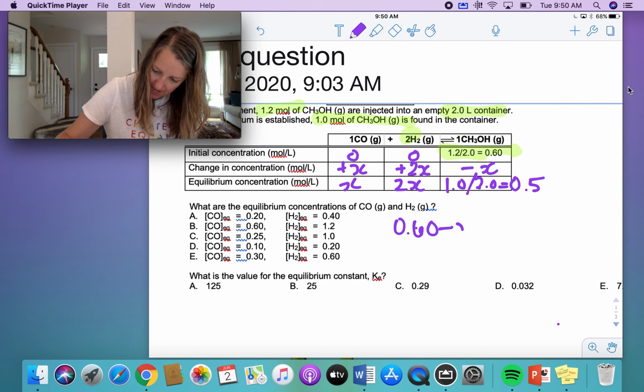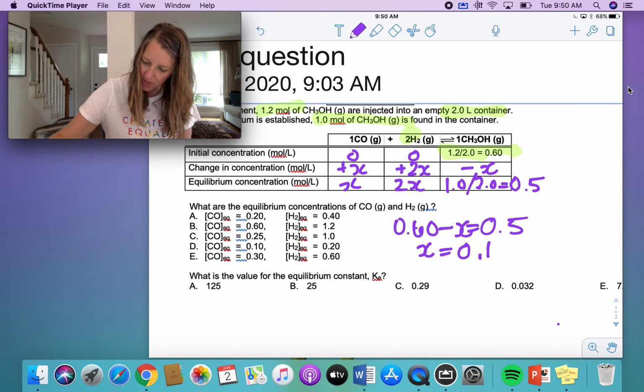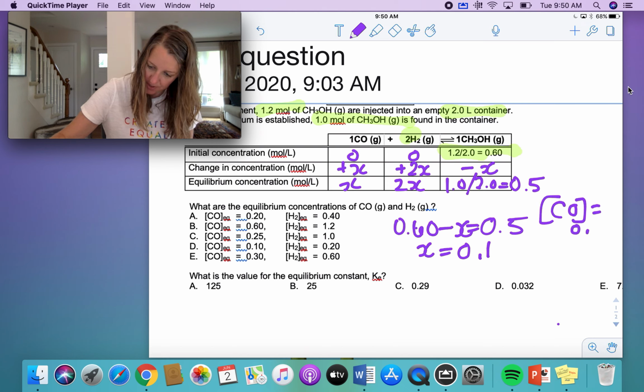0.60 take away x equals 0.5, x equals 0.1. Therefore, the concentration of our CO equals 0.1, and our concentration of our H2 is 2x equals 0.2.